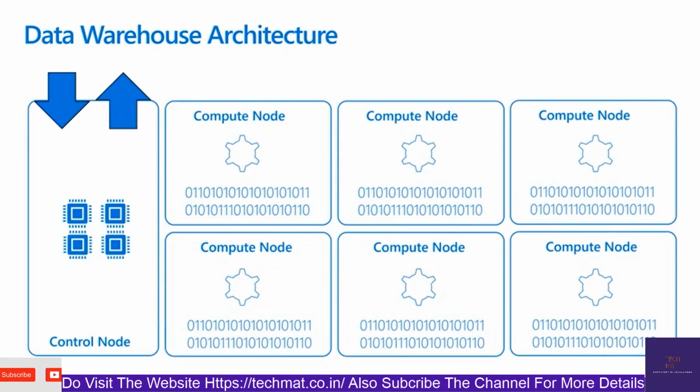Compute nodes process these execution plans, which are dedicated to them, then return the data to the control node, and the control node performs the necessary operations like sorting and grouping on all the portions of data received from the compute nodes, and sends the response back to the requester, to the application, or to the user.